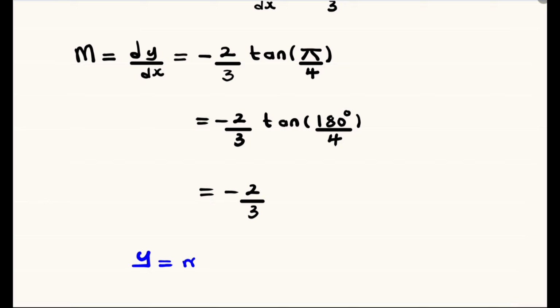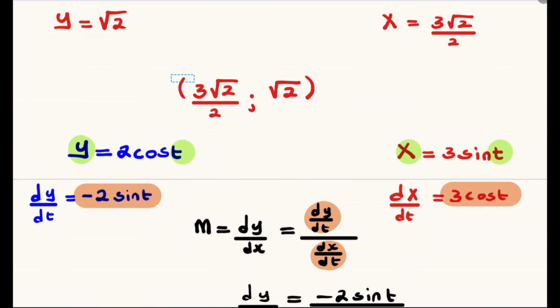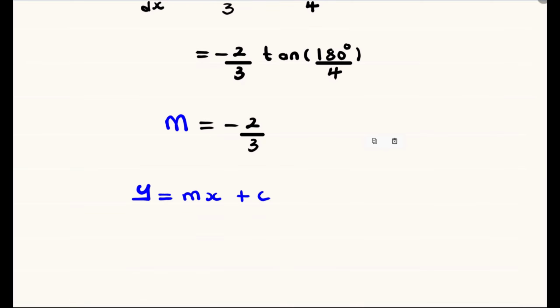plus c. We already said that m is equal to negative 2 divided by 3, and we have 1 point, the point of tangency. We use this to determine the value of c.